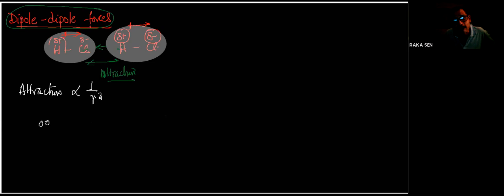But in dipole-dipole forces, the molecules can be a little farther away and still interact with each other. So this is also short range, but not as short range as London forces. This is what is called dipole-dipole forces. I've given you the example of HCl.